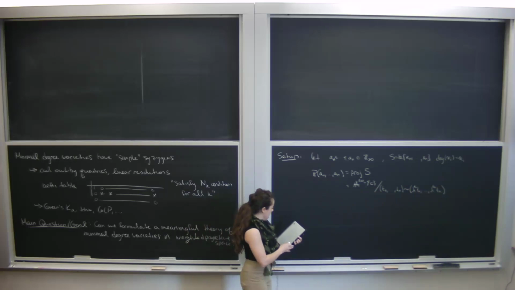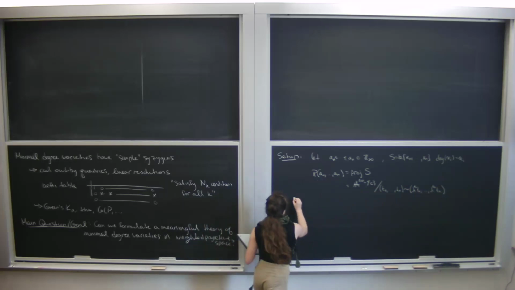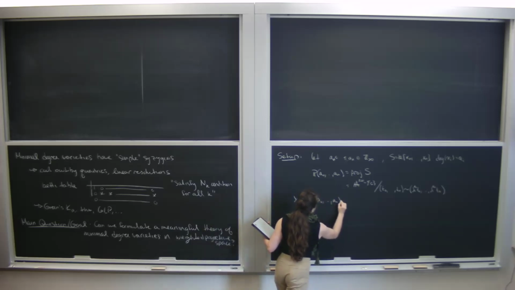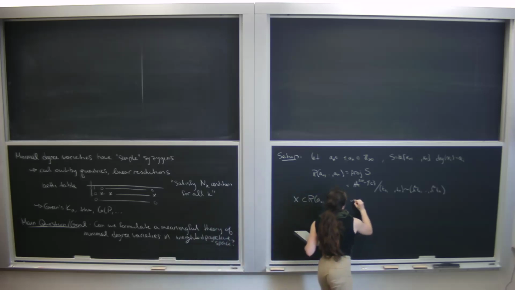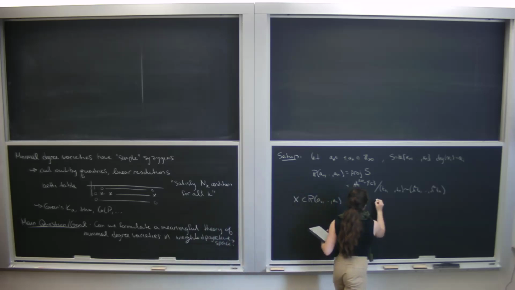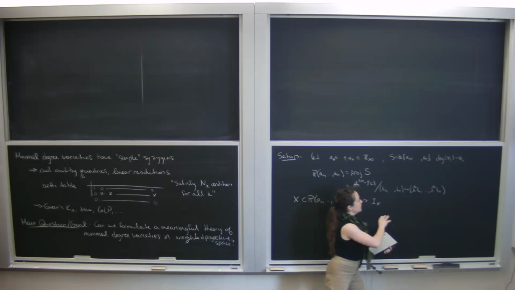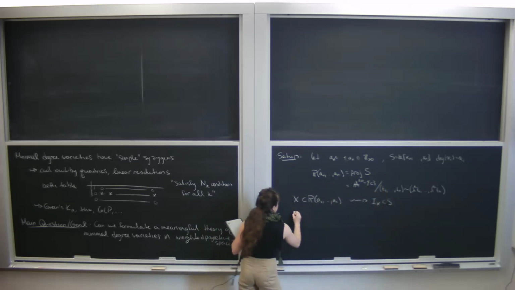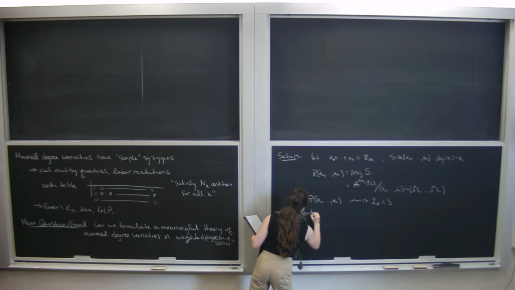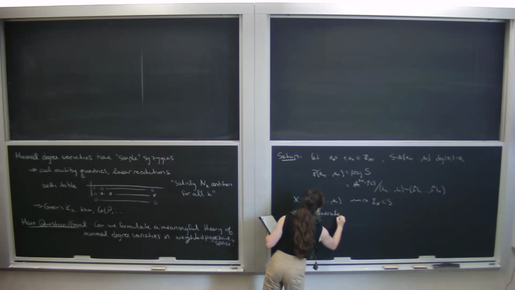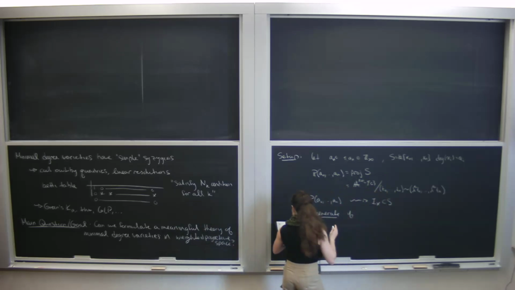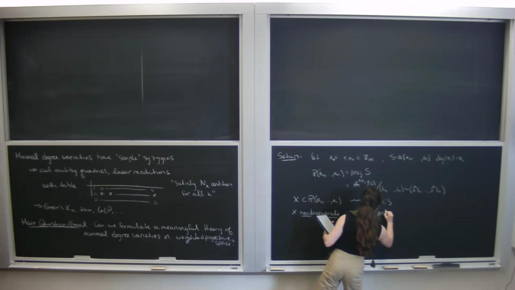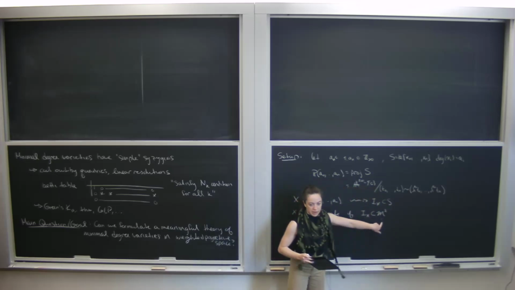And so now if I have some variety X in my P(a_0, ..., a_n), it corresponds to some weighted homogeneous ideal I_X in S. And we'll say that X is non-degenerate if this I_X is contained in the square of the homogeneous maximal ideal.